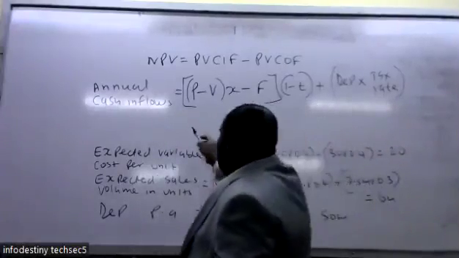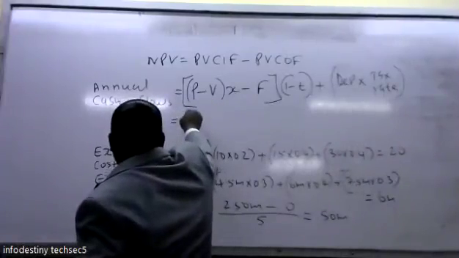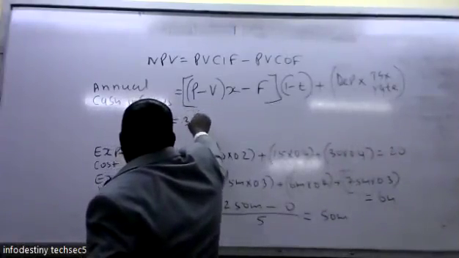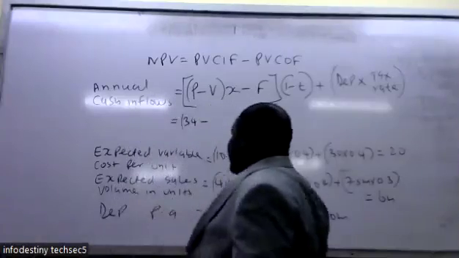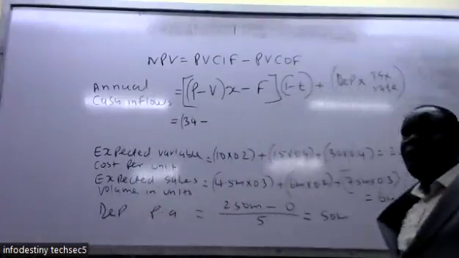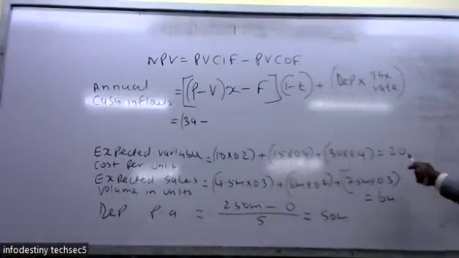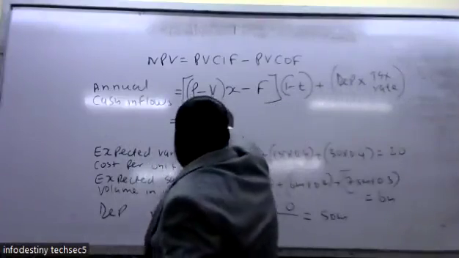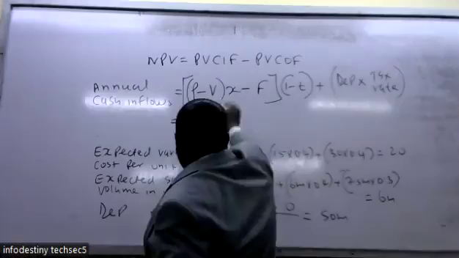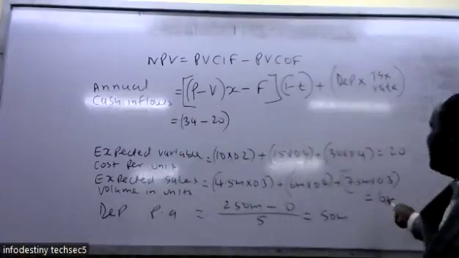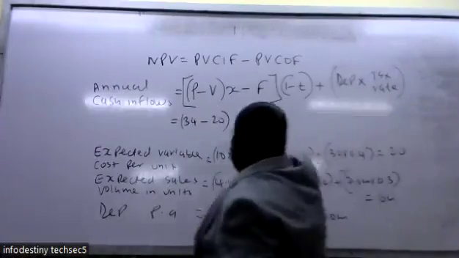So our P, the selling price per unit, we have gotten, but what? 34. Subtract the V. V is the variable cost per unit, which is 20. Then X is the volume, which is 6 millions.